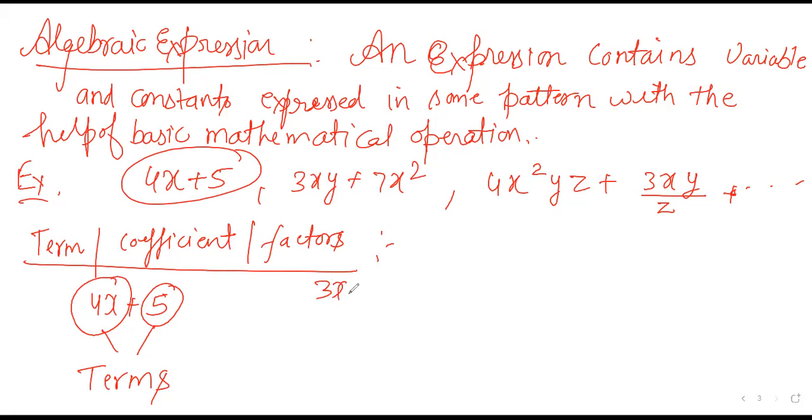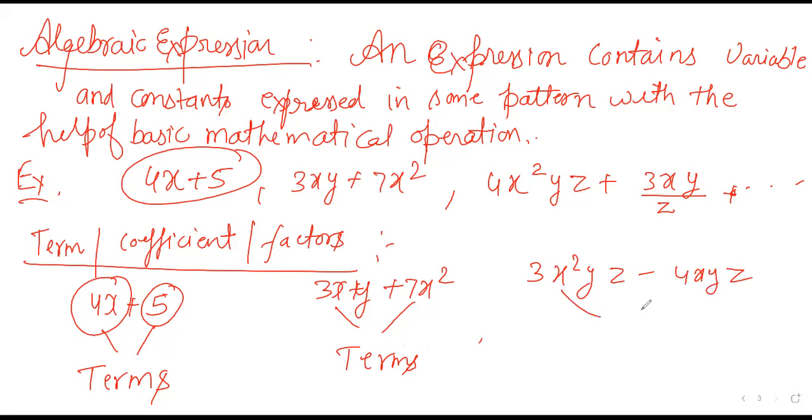Let us write 3xy plus 7x square. Both the terms, 3xy and 7x square, will be your terms. Let us write one example, 3x square yz minus 4xyz. These are also two terms.